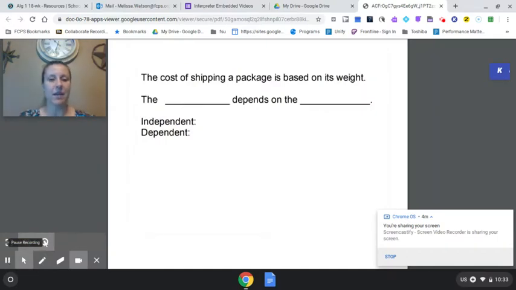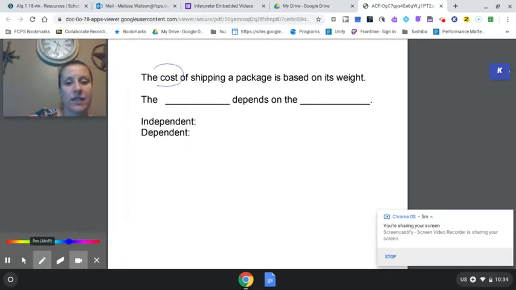Here's the next example. It says the cost of shipping a package is based on its weight. So the blank depends on the blank. Again, we have to identify the variables. So cost is one of the variables that is varying in that scenario. And then the weight is the other.